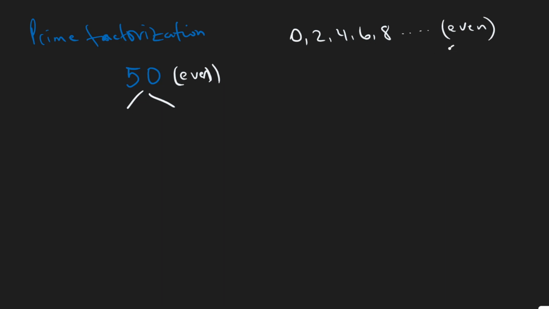And a number that is odd ends with 1, 3, 5, 7, 9, and so on. If the number ends with 0, 2, 4, 6, 8, and so on, that number is even.